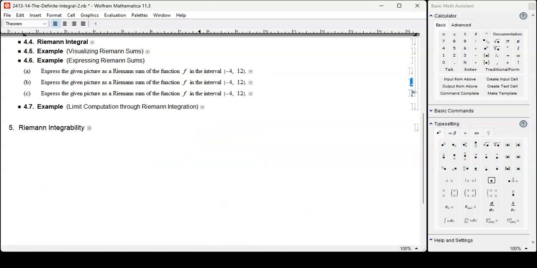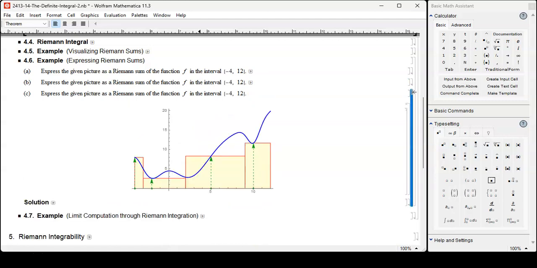Okay, final example here. Again, stop the playback and do it on your own. This time you have uneven interval widths. Did you get it? You have 4 rectangles, so you have to add 4 quantities. The first one has a width of 1 unit. The second rectangle has 3 units.